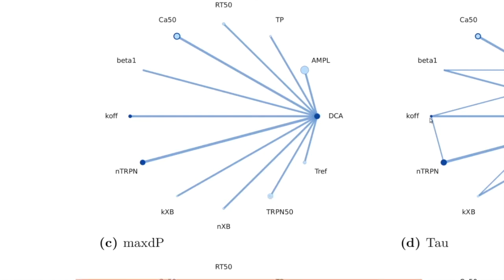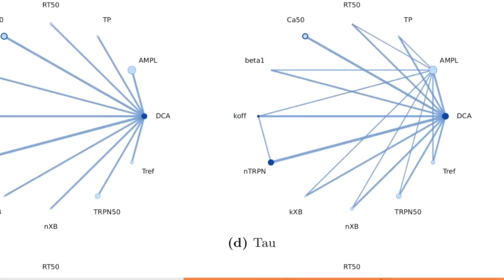Sometimes you only have the total effect, but not the first order. And then the thickness of the linking line is the second order effect. So you can see, for example, some lines are thicker, some less thick. Some have a very big first order effect.